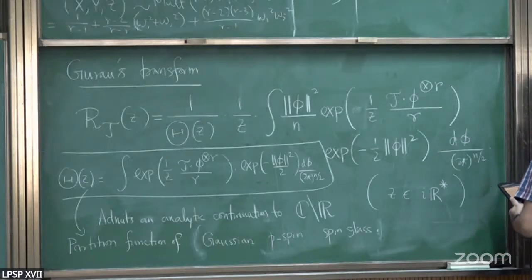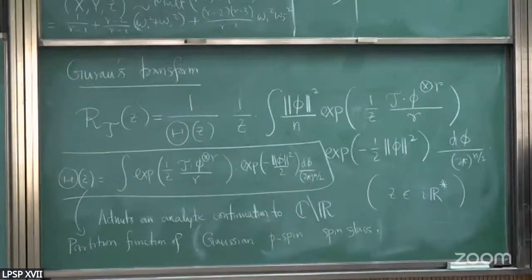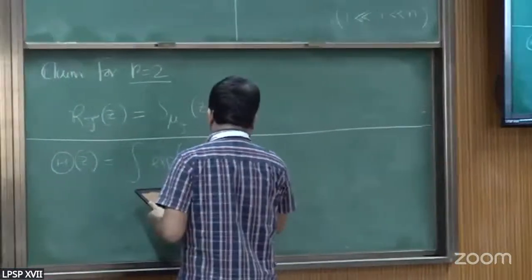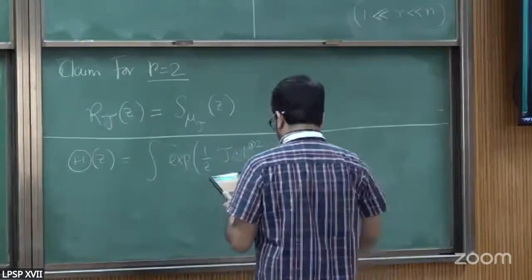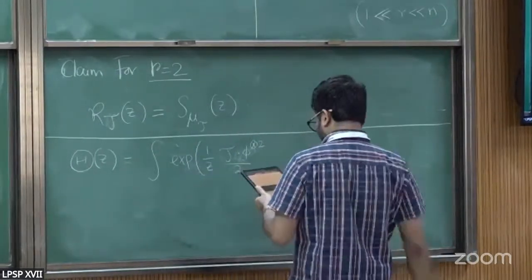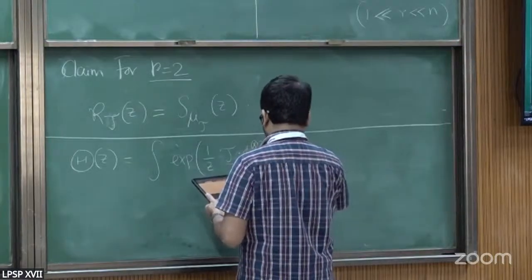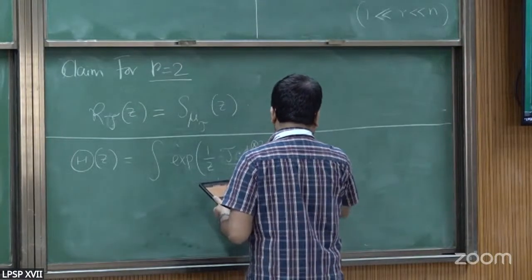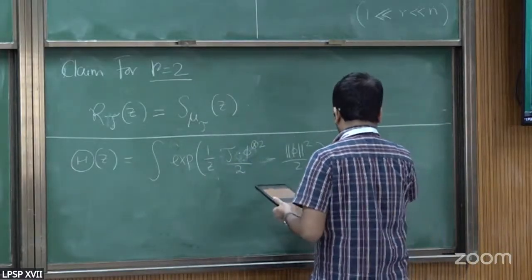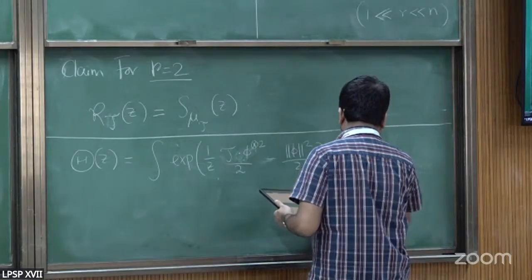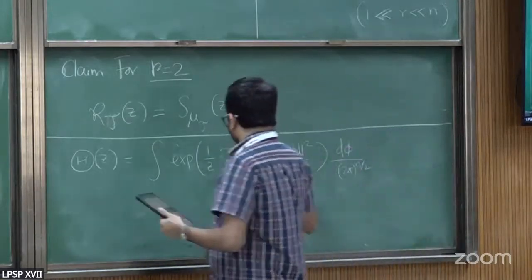Theta of z, this is just this integral, minus phi squared over 2, and then you have the normalizing factor. So look at this expression.